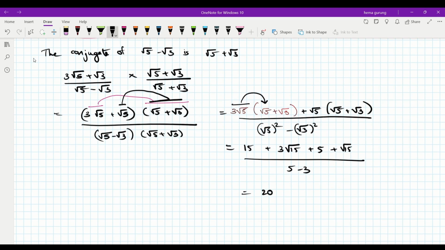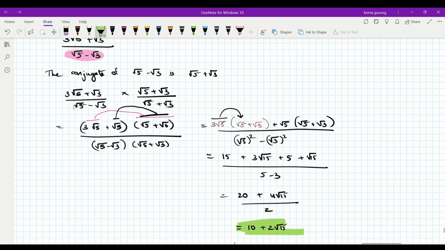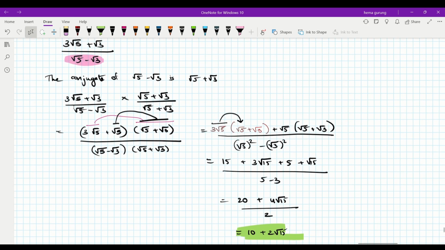Then it was 20 plus 4 root 15 divided by 2. Now divide each term by 2, you'll get 10 plus 2 root 15. That's your answer. I hope it's clear. It's like that only, you just need to simplify it.